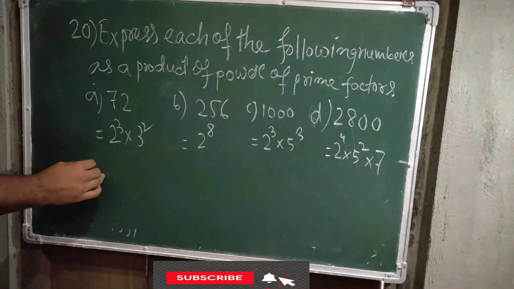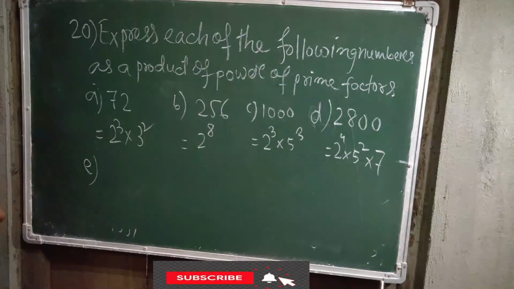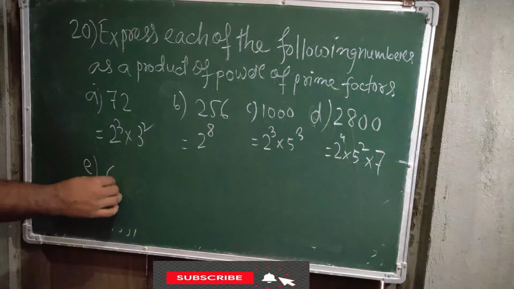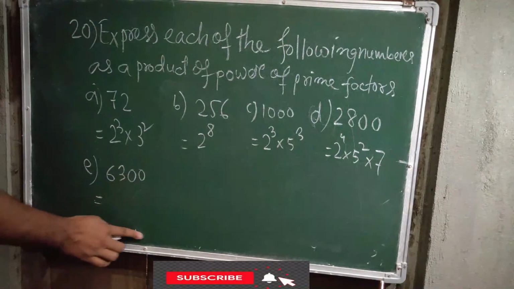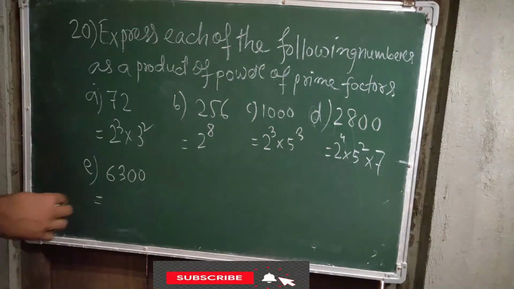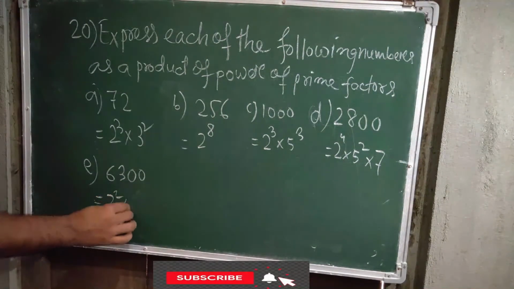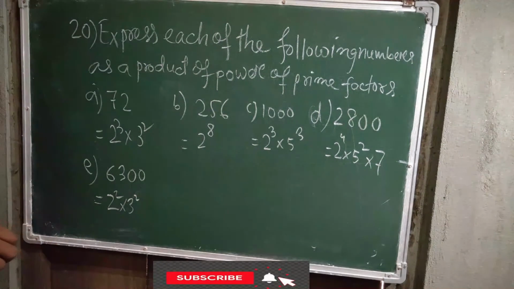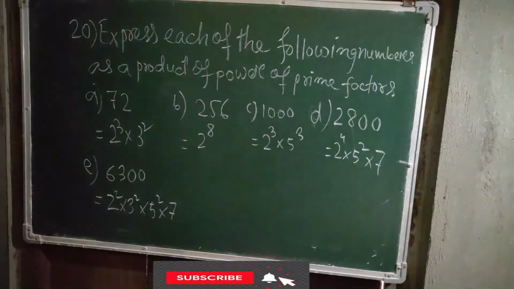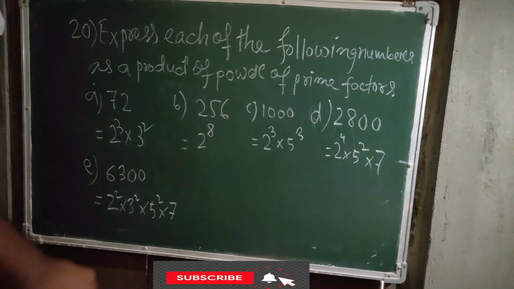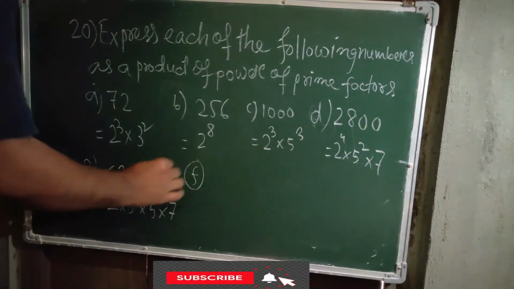So E number now. E number is what? 6300. So this one will get 2 square into 3 square into 5 square into 7. Now F number.